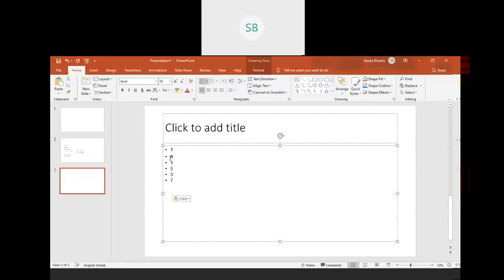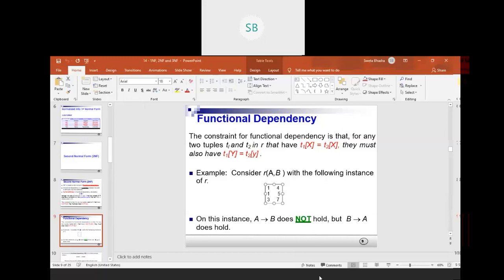So it did not come in the table format. Just wait, huh? Correct, 3 and 7. Yes.